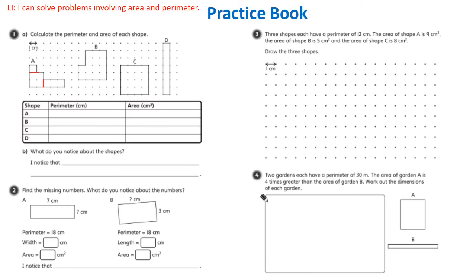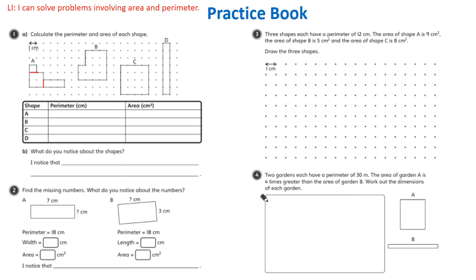So remember, if the perimeter is 18, in A, 2 lots of 7 plus 2 lots of something else equals 18. Or if you find it easier, let's halve 18 to make 9. So 7 plus what equals 9. And that what is the other side. Then you can work out the area.